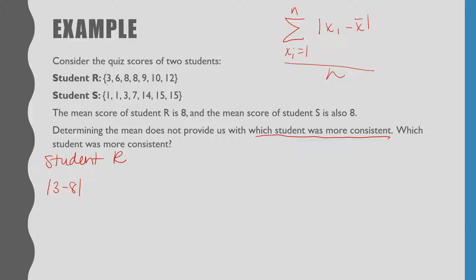The sum of all my absolute value differences, and then divided by the total number of items. So this is going to equal 5.